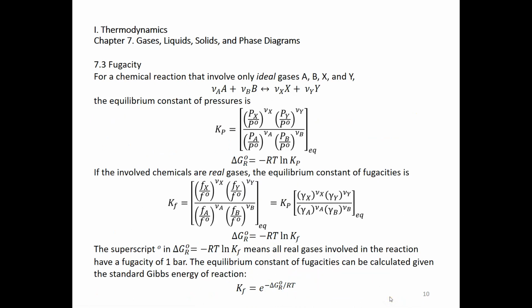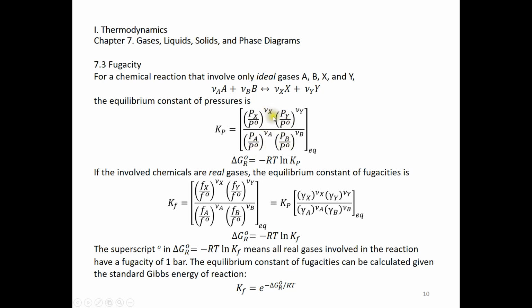For a chemical reaction that involves only ideal gases, it's easy to write out its equilibrium constant. For example, its equilibrium constant of pressures is simply this. We have products on top, reactants on the bottom, X, Y on top and A, B on the bottom. And it's an ideal gas. We don't have to worry about the attraction or repulsion between gas particles. We're simply using P here. So this is P sub X over P naught. This is P of Y over P naught, P of A over P naught, P of B over P naught.